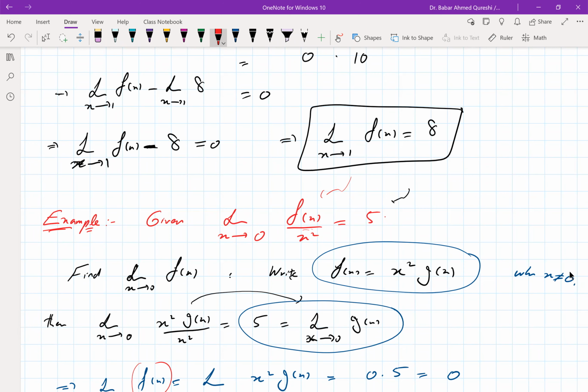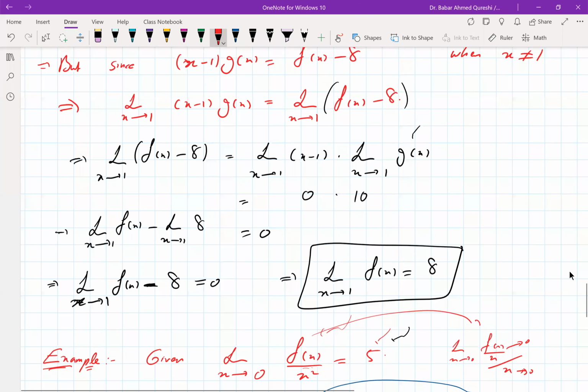And actually, even this had to be 0. This limit had to be 0, because I could write this function as this. And since I'm getting a 0, this is approaching 0. So this guy also should approach 0 if I'm going to get a finite number. This is just a pattern I'm finding.